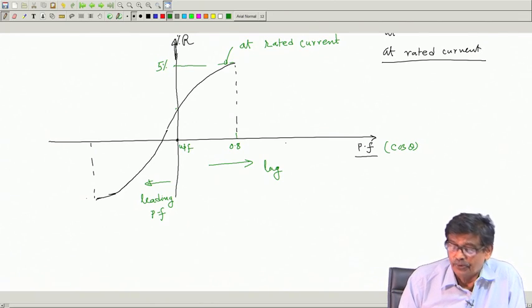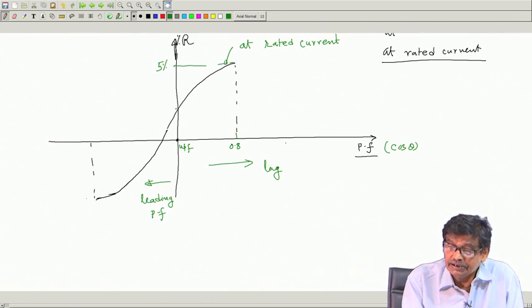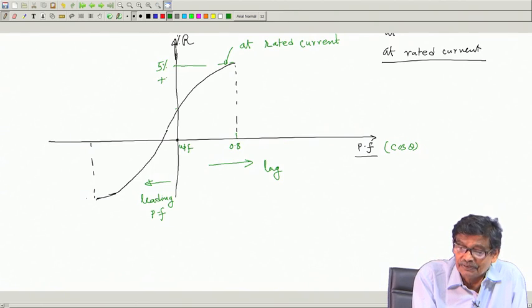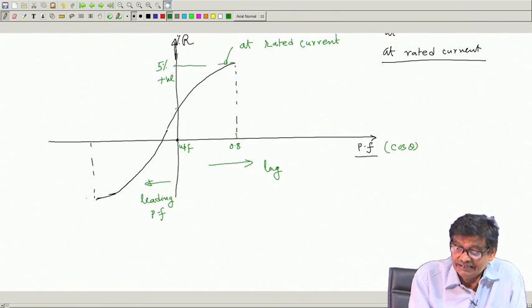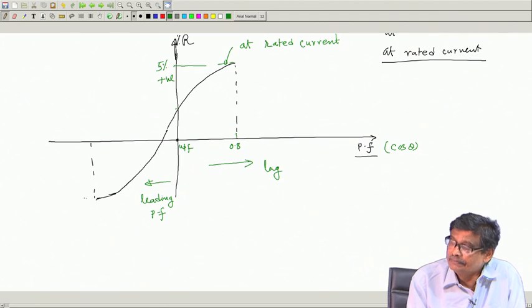Only one thing you note, that regulation this side is positive and this is negative regulation.